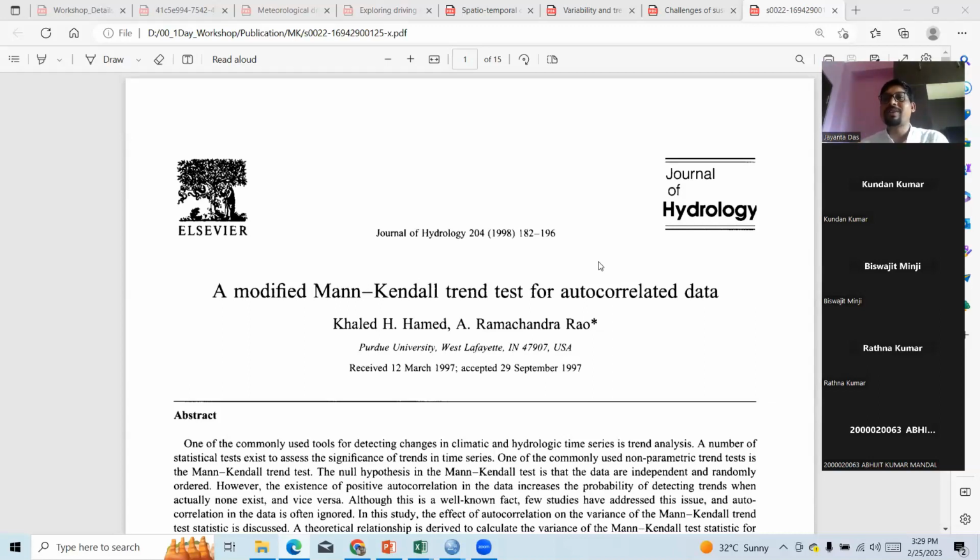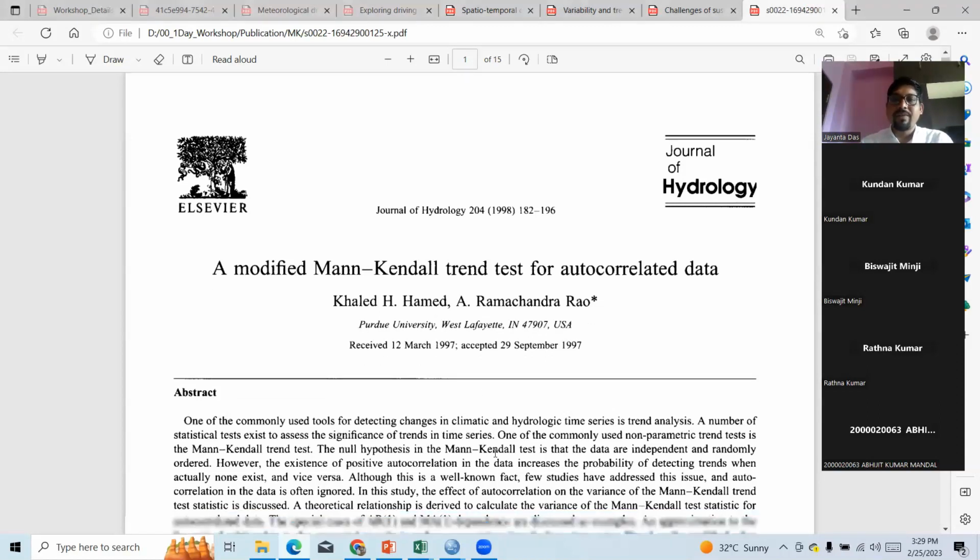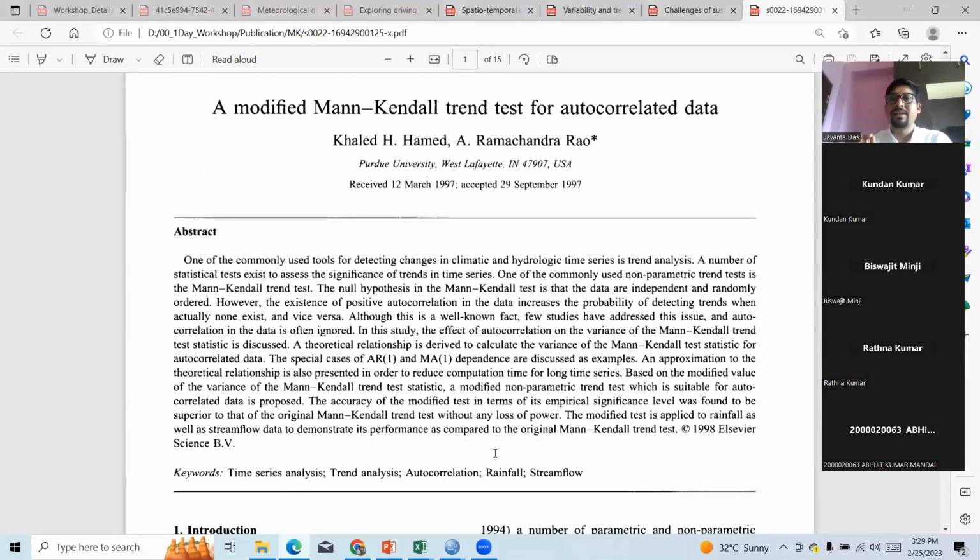Sometimes it doesn't work because there's a problem in the assumption. What's the assumption? If we read this abstract, then you can know the negative part of the Mann-Kendall test. There are many positive parts of the Mann-Kendall test, but we just have to know the negative part.